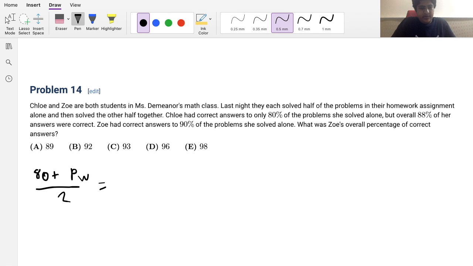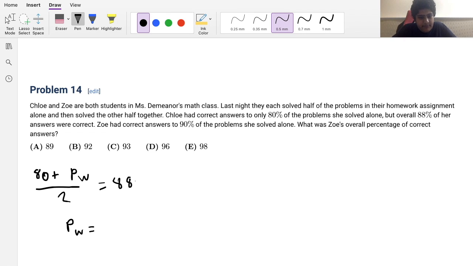Thus, we know that PW is equal to 88 times 2 minus 80. And this is simply 176 minus 80, equal to 96.